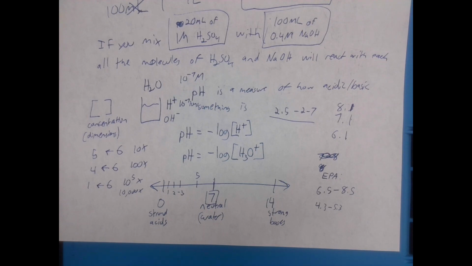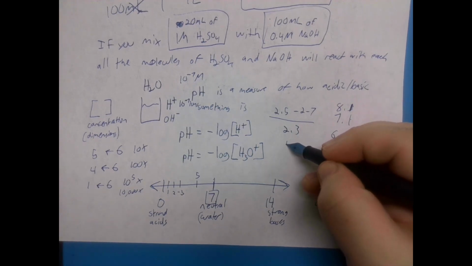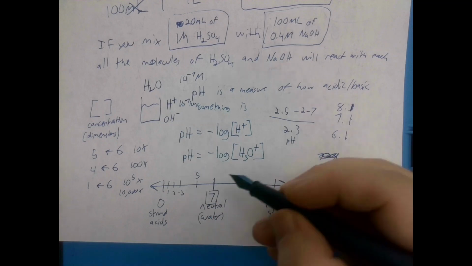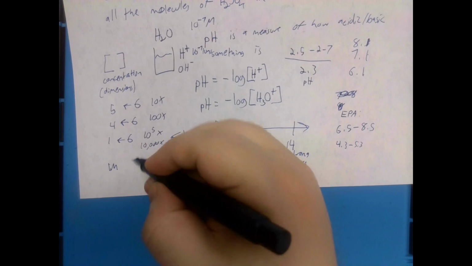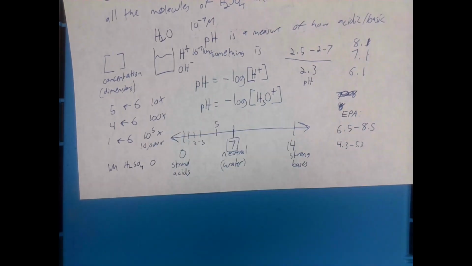pH of Coke. The pH of your Coke is about 2.3. Sulfuric acid, 1 molar, pH is 0. 1 molar sulfuric acid is at 0.